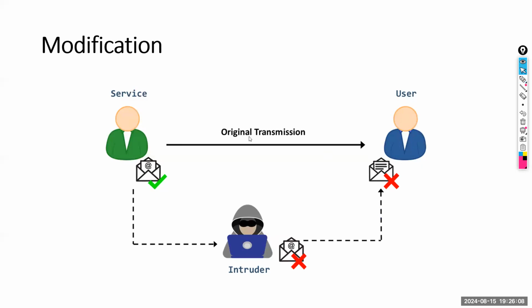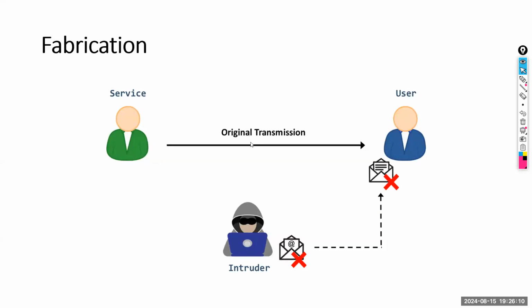And the final one is fabrication. Fabrication means you introduce things. Maybe you introduce new records to the system after hacking. You don't destroy anything. You don't change, but you introduce new things. Maybe you have added some emails, messages. So that is called fabrication.